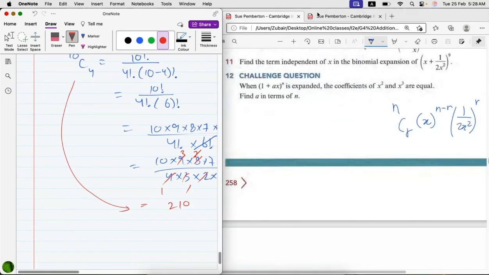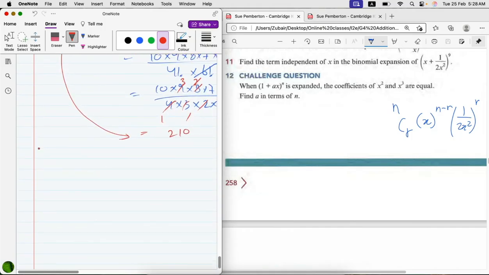So this challenge part says that when 1 plus ax raised to power n is expanded, the coefficients of x squared and x cubed are equal. One plus ax raised to power n.